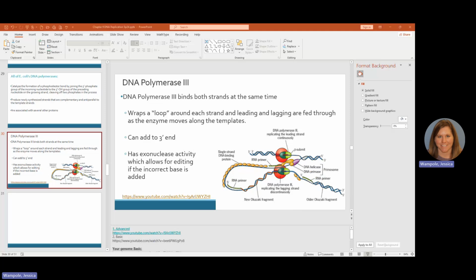So in E. coli, there are two major DNA polymerases. DNA polymerase 3, which does the bulk of the synthesis, and then polymerase 1 is going to remove those primers. In eukaryotic cells, there's actually a whole slew of other DNA polymerases that do all kinds of proofreading activities and things like that. So there's quite a few more in eukaryotes.